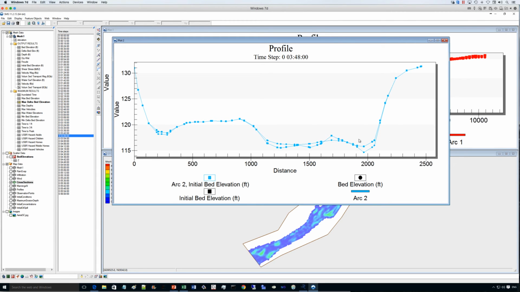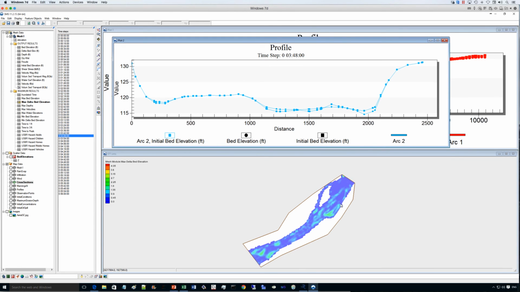So there are areas of the cross section that are getting deposition, some are getting erosion, some are not changing at all. So probably this is because this is the dry cross section, the dry cross area that is crossed by this cross section over here. So it gives you a lot of tools that you can use to visualize your model results.